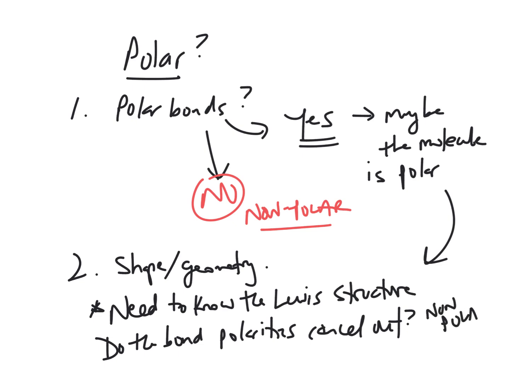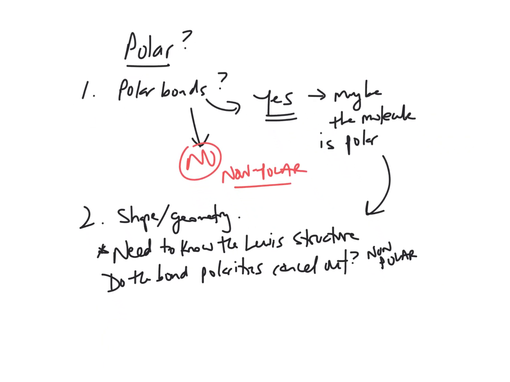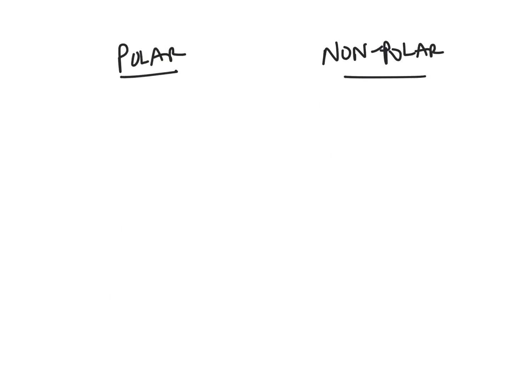If they do not cancel out, in other words, if we have one end of the molecule which is sucking electrons closer to it, leaving the other end partially positive, and they don't cancel out, then it's polar. So if the answer is no, then it's a polar molecule.